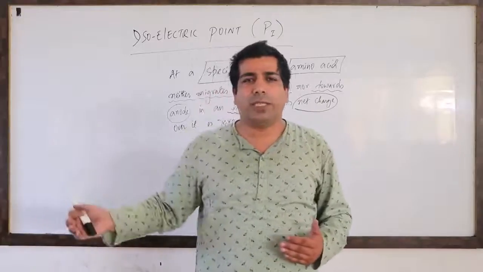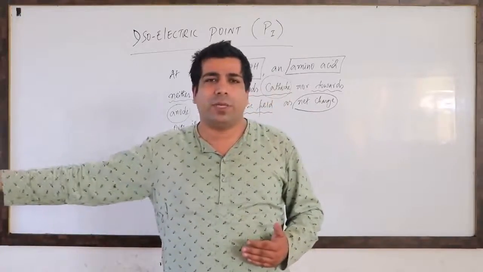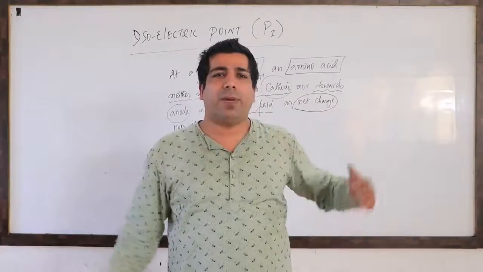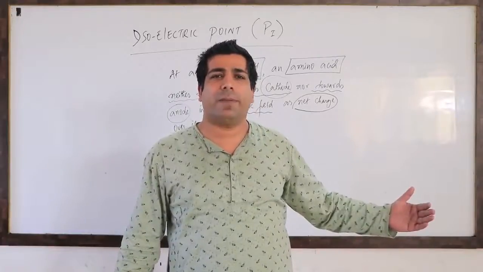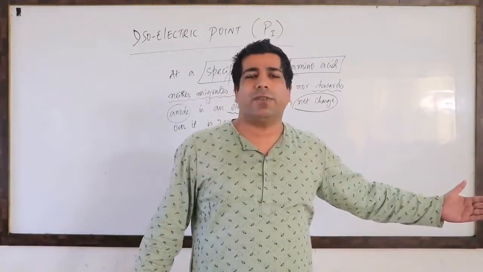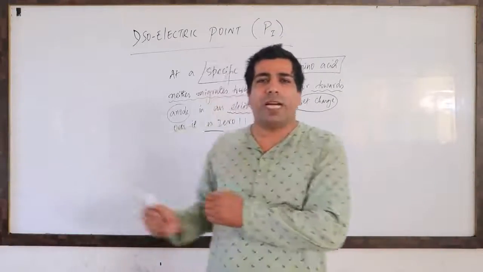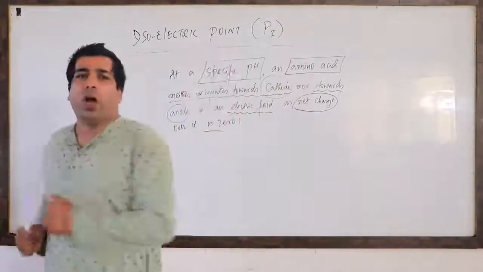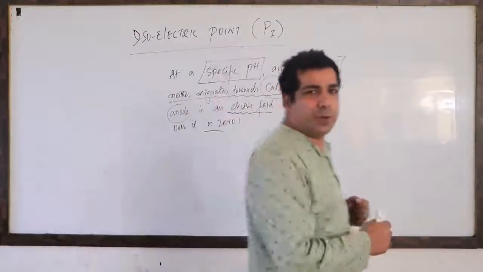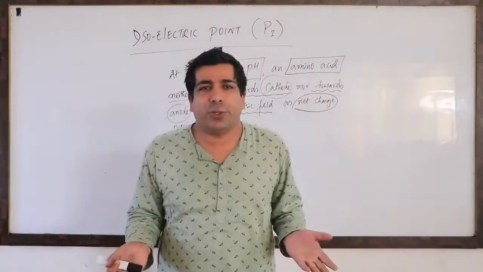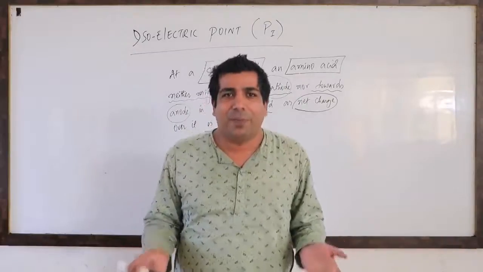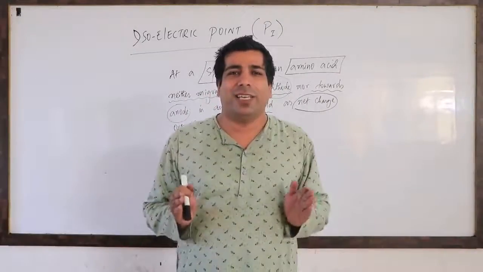My positive charge is attracted by cathode in an electric field, and my negative charge is attracted by anode in an electric field. So which side should I migrate, towards cathode or towards anode? My net migration is zero.